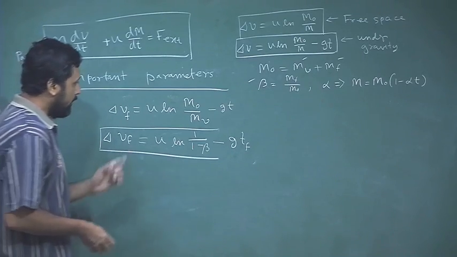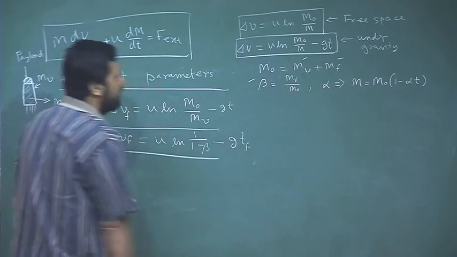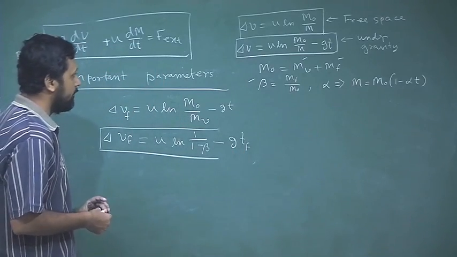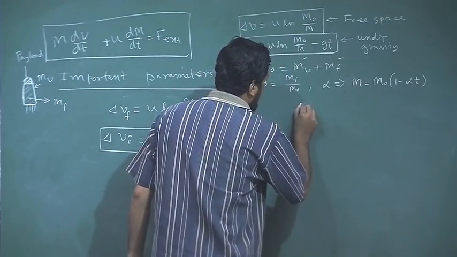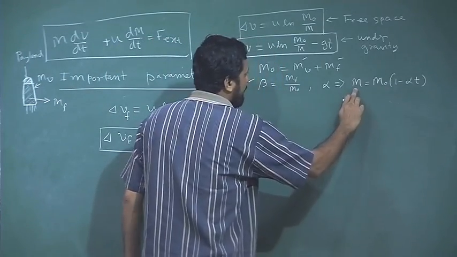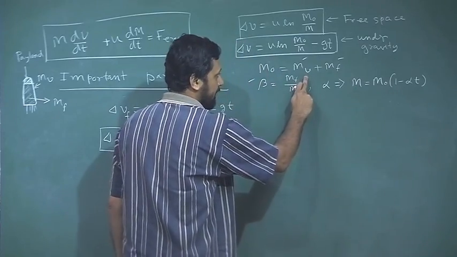We can also calculate Tf from this expression, because if we put t equal to Tf, m should be equal to mv.